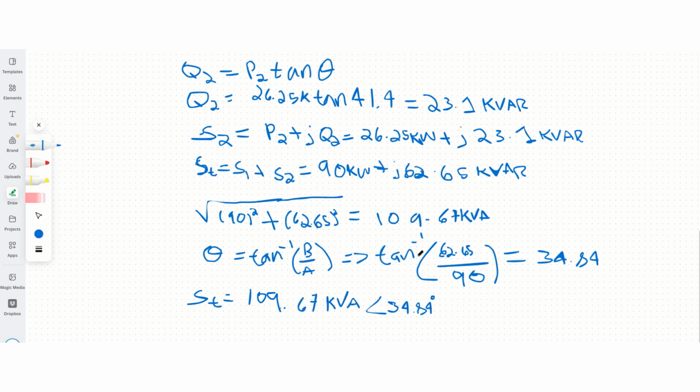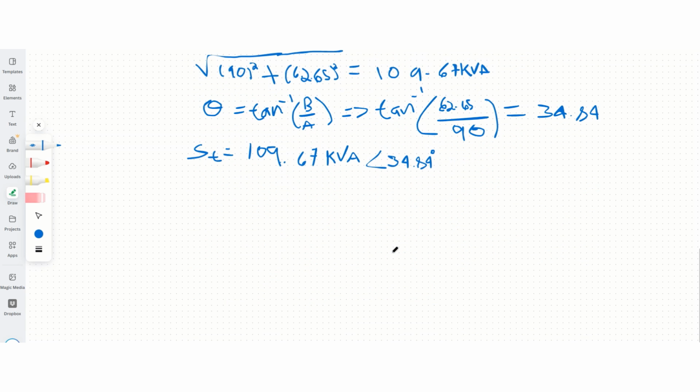In order to find the power factor, that will be the power factor total, which is the overall power factor at the customer end.